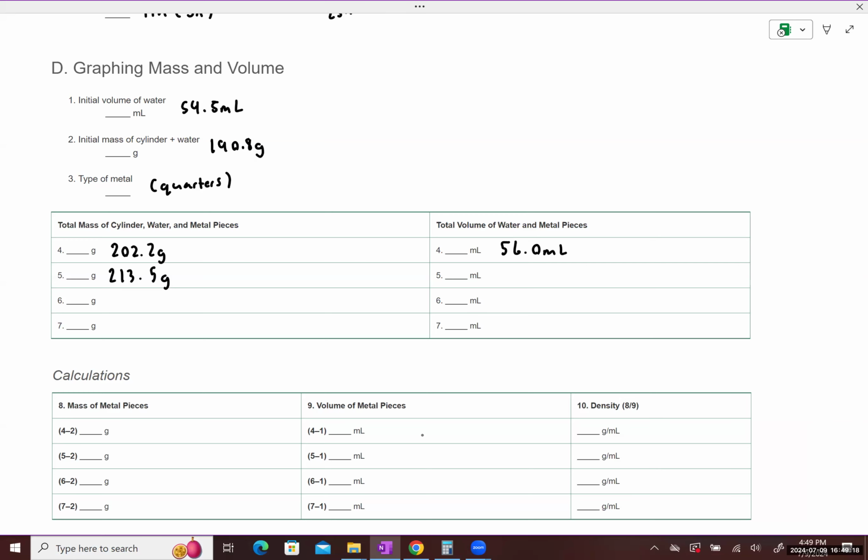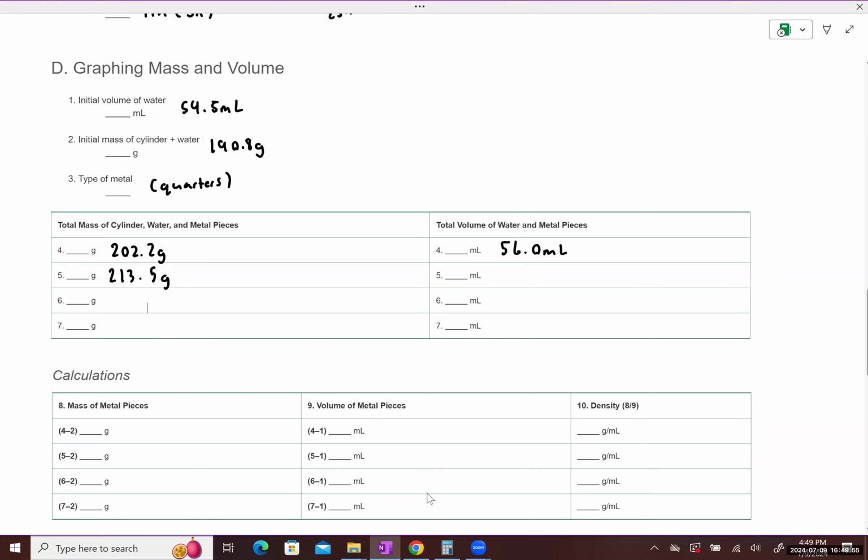If you're noticing that the mass is massively increasing or the volume is massively increasing, or if it's not increasing substantially compared to your previous trials, likely there was an error made in how you recorded the mass or volume. So always just check. If we're determining the density of the sample graphically, you should expect a consistent, steady increase in mass and volume as you continue adding additional aliquots, additional portions of the same solid.